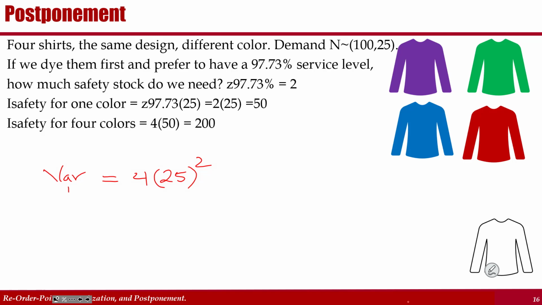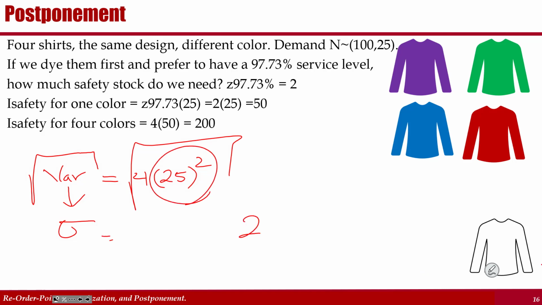If I go from variance to standard deviation, all I need is to put a square root over there and a square root here. The square root of 25 to the power of 2 is 25, and the square root of 4 is here. Therefore, standard deviation would be the square root of the number of variables times the standard deviation of each one.